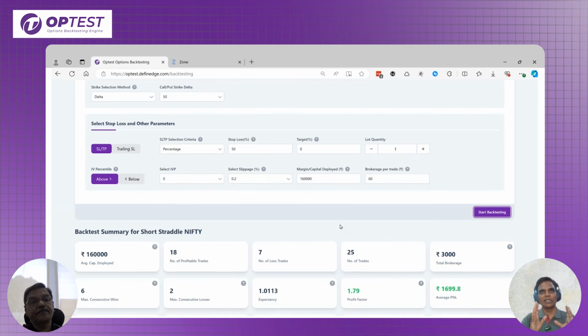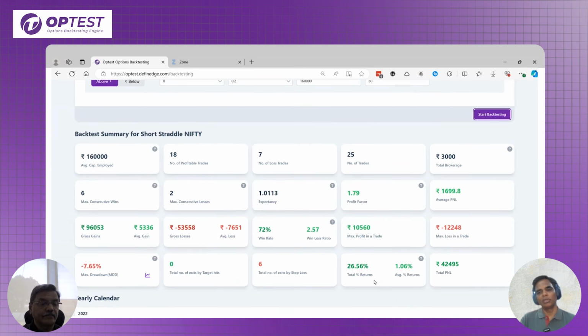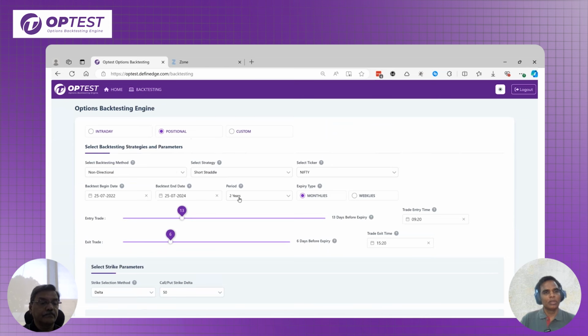So that changes a little bit. Yeah, it improved slightly, but not much. So more or less the same. Not improved actually, it's a little bit less returns. The other one was better. So you can change those criteria and try.